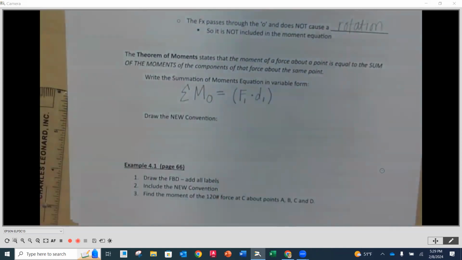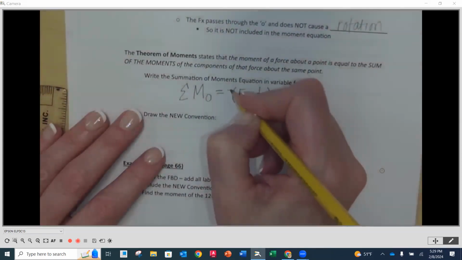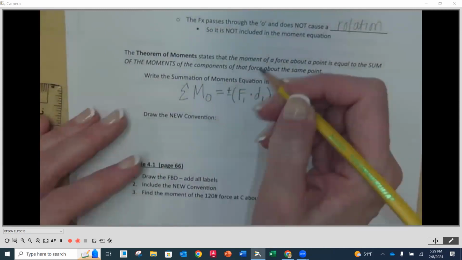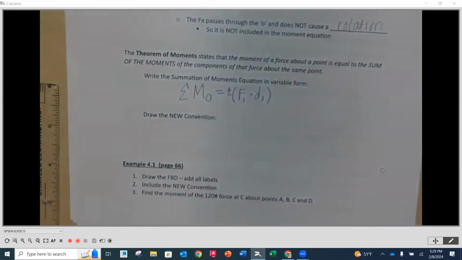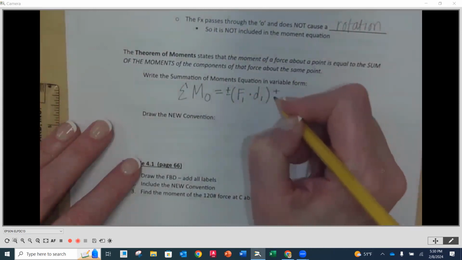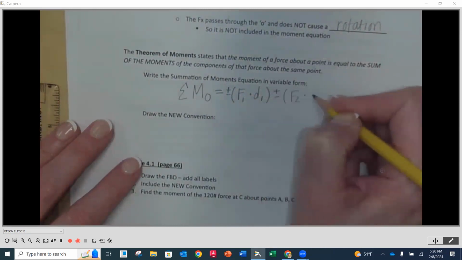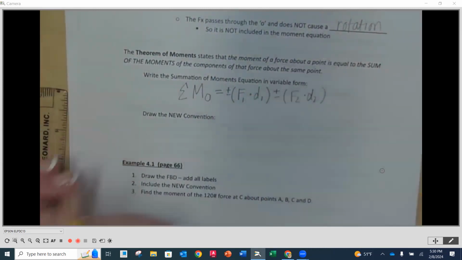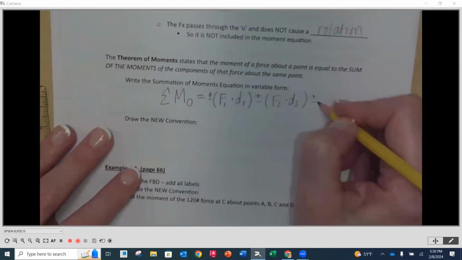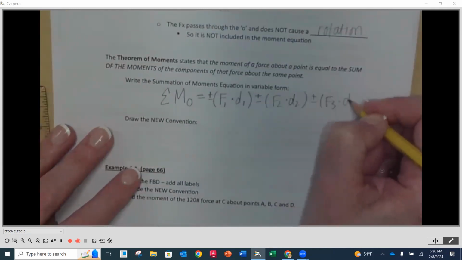So the first force and its corresponding perpendicular distance. And out in front, you're going to put a plus minus because we're going to determine that based on the direction of rotation. We'll talk about that in a little bit. And then we're going to continue plus minus F2 times D2. We're going to continue plus minus F3 times D3.